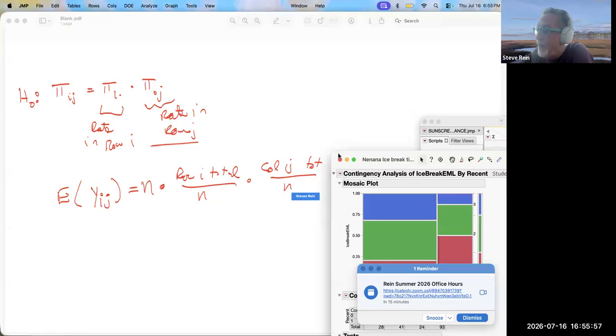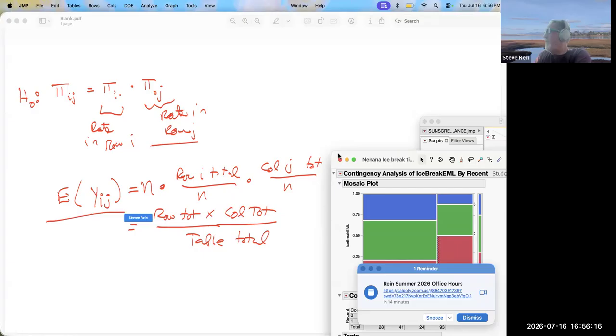A couple of the n's cancel out, and we end up with the row total times the column total over the table total.